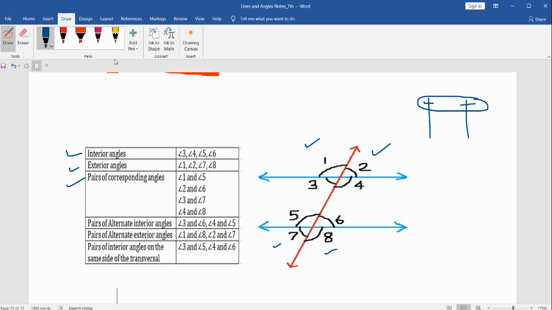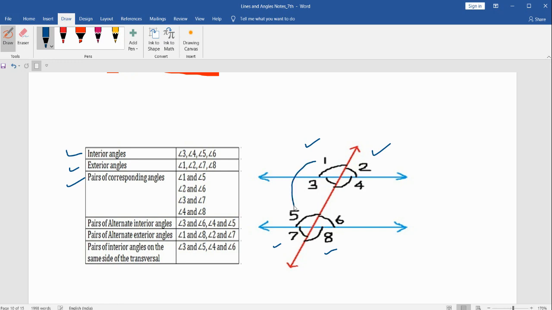So similarly, if we look at this figure now, when we talk about pairs of corresponding angles, there is nothing like interior or exterior. So let's start with 1. With 1, I can say the fifth one is corresponding, because 1 is here and the fifth one is here.